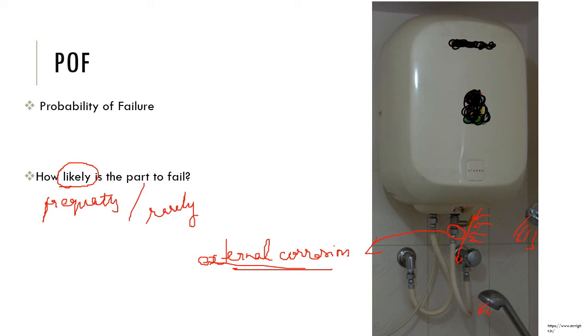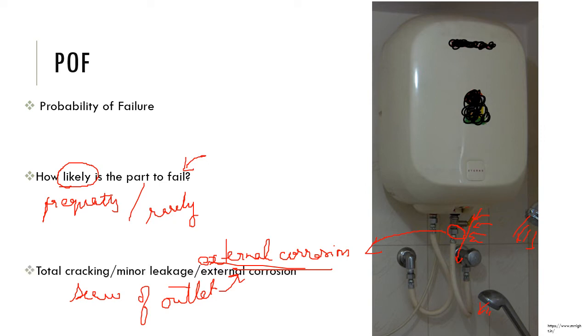So the external screw of the outlet may experience external corrosion. Depending on the condition or the quality of the screw, we may decide how likely that part is to fail. The next is what is going to happen.